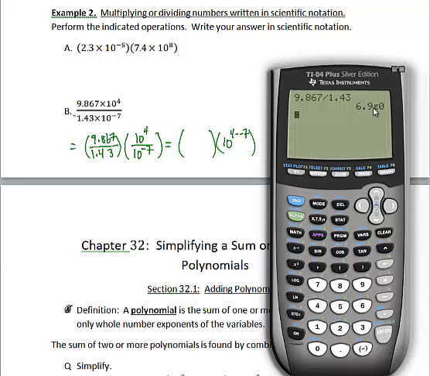We get 6.9 E0, which means basically 6.9 times 10 to the 0, which is the equivalent of just a 6.9. Okay, 10 to the 0 is a 1, and so 1 times 6.9 is 6.9.